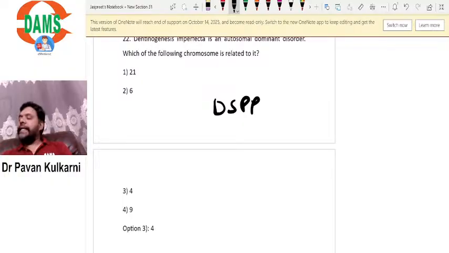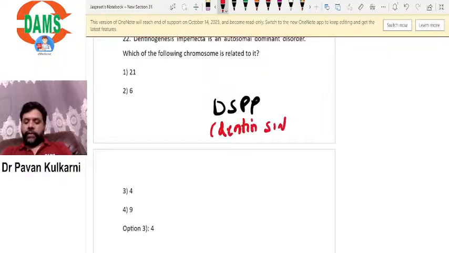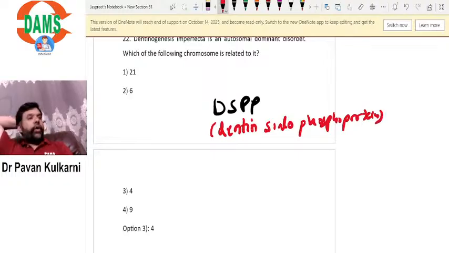That is called the dentine sialophosphoprotein gene. Let me write this down. Dentine sialophosphoprotein. So this gene is actually located on chromosome number 9. So whenever this gene is mutated, the patient will have dentinogenesis imperfecta.